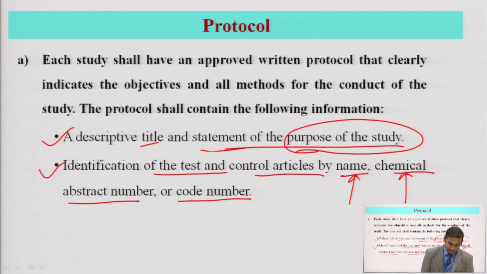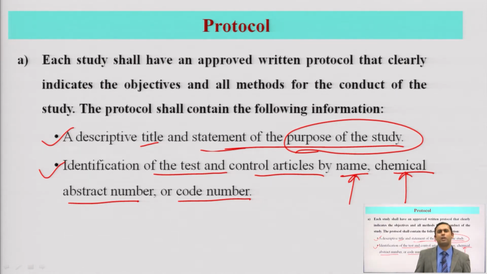But many of you might be thinking that, sir, if I mention the chemical name, and if anybody gets to know about the chemical name, and repeats the experiment in his lab, and if they get proper results and patent it, then what will happen?